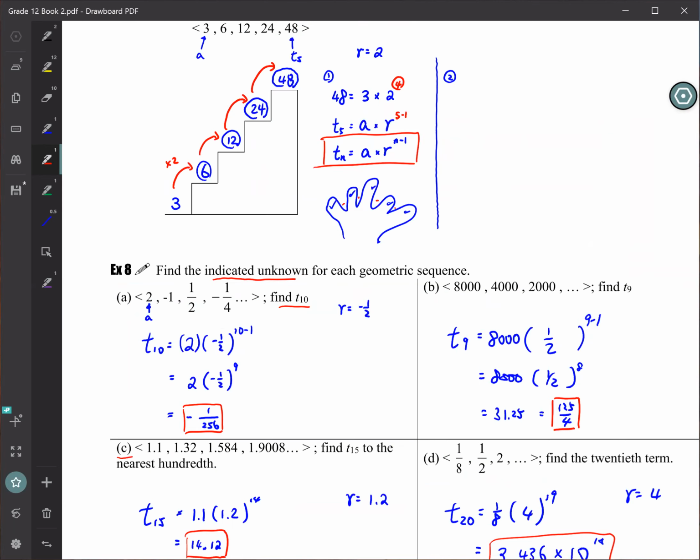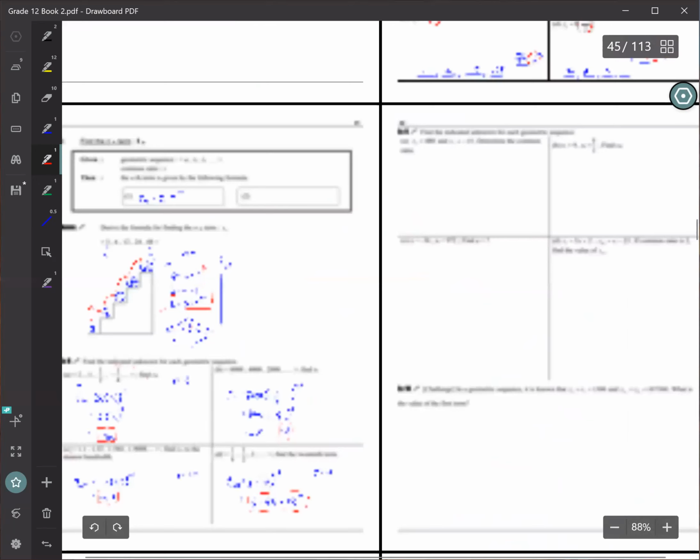Now, sometimes they will take away some information and then the first formula won't work anymore, okay? Suppose you don't know what the first term is. You have some terms in the middle, but you don't know the first one. For example, the question will be like this on the next page.